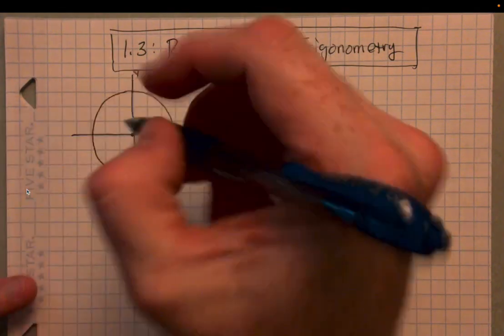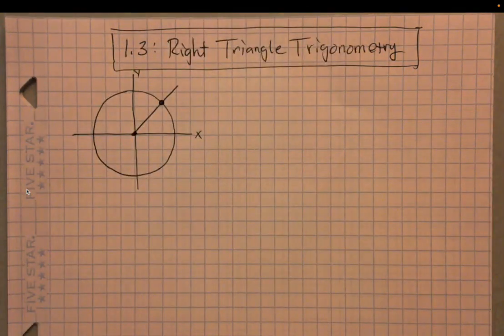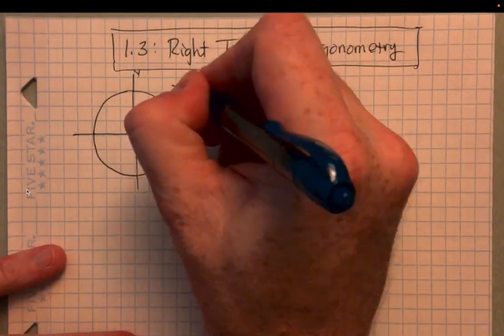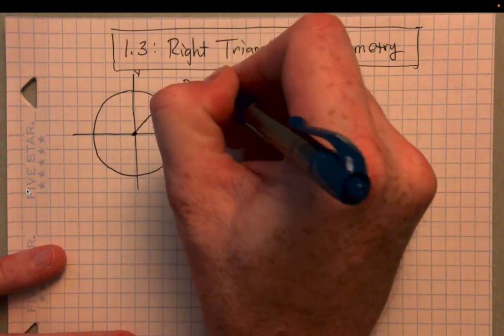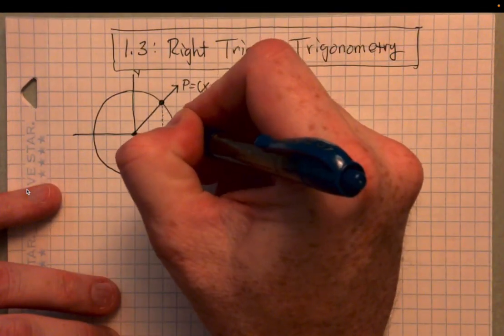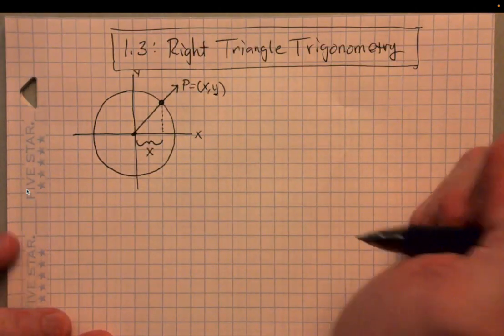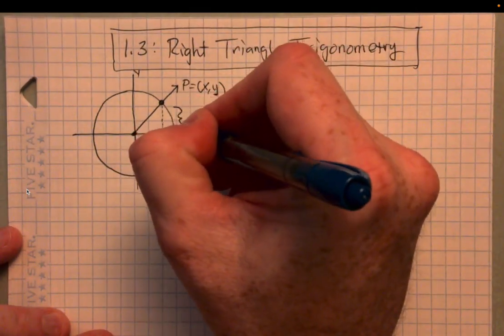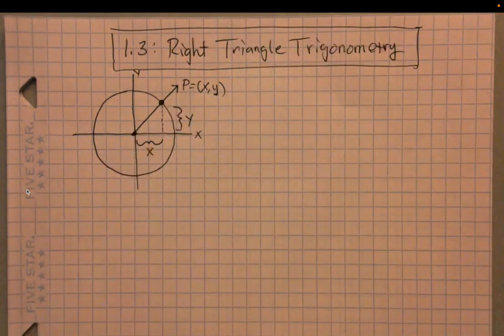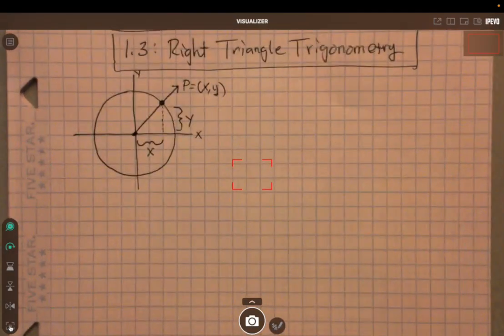Let's say we have a ray, and we'll call the point P, the point xy. That means this is the x value and this is the y value. We talked about this last time.